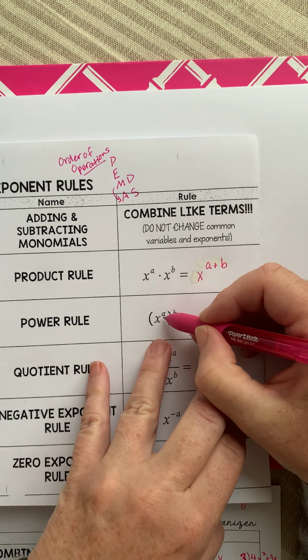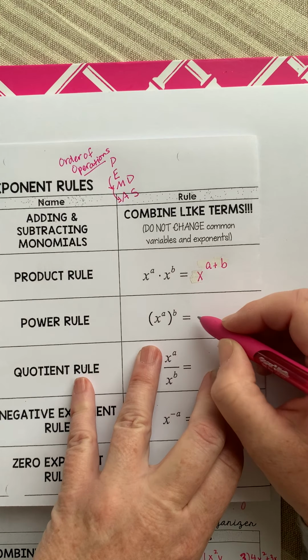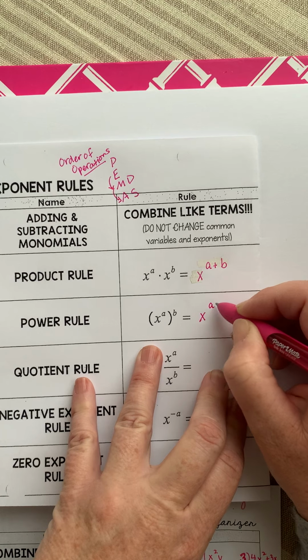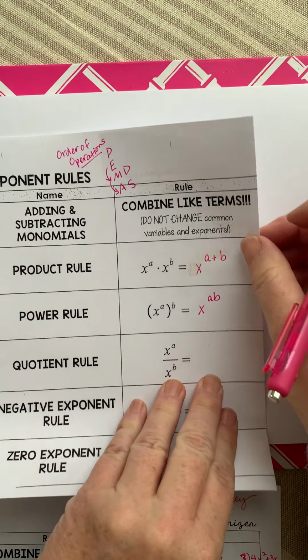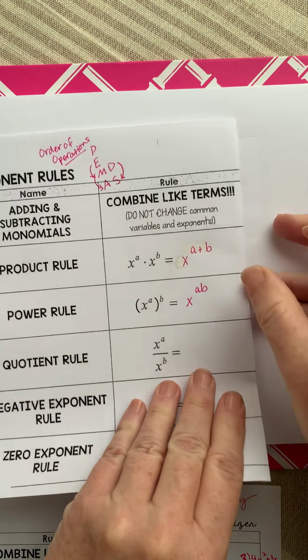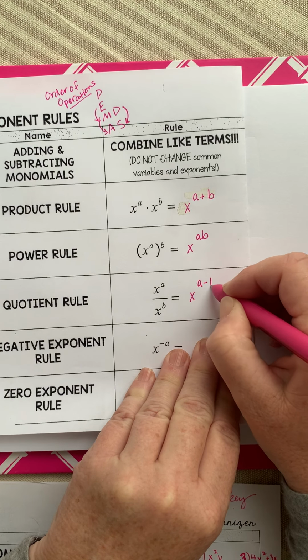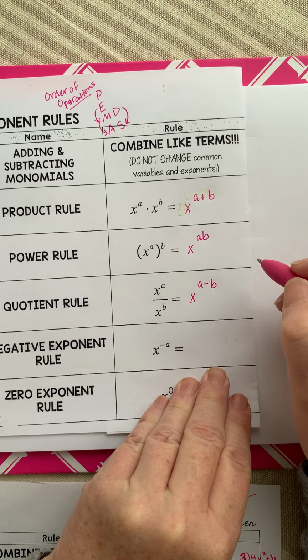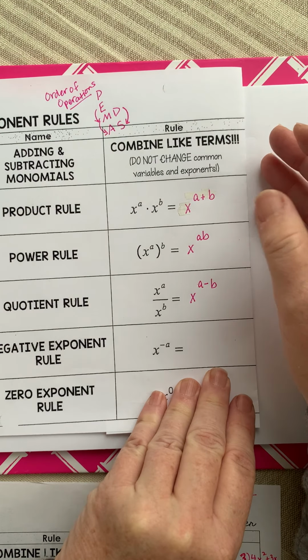But if I'm raising an exponent to an exponent, that would be this one, I'm going to multiply. Okay? If I'm dividing, that's going to turn into subtraction. Okay? And so you can see where all of these tie into that order of operations.